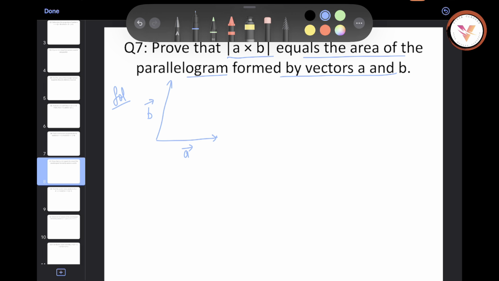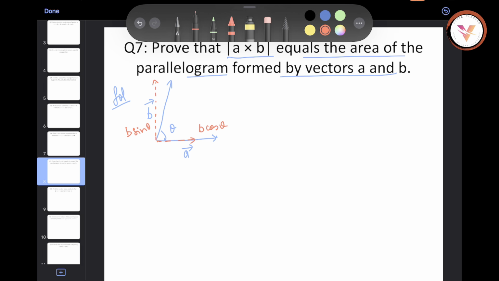Now let's take the angle between them as theta. Now if you resolve this B vector perpendicular and along this vector, here you have B cos theta and this is your B sin theta. As per the resolution, we have already discussed that in our previous videos.